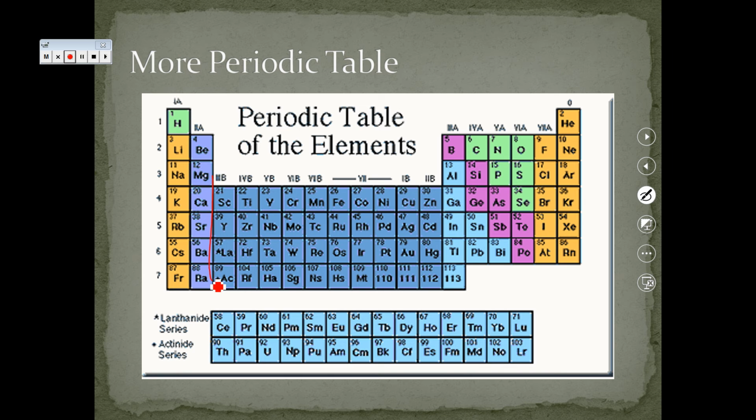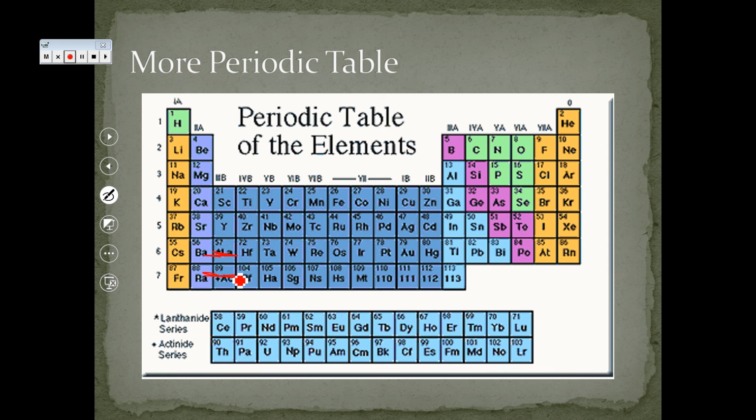This group right here, they are called the transition metals. You will notice that there are always these two rows down here that you always see. These rows actually go in right here and right here.